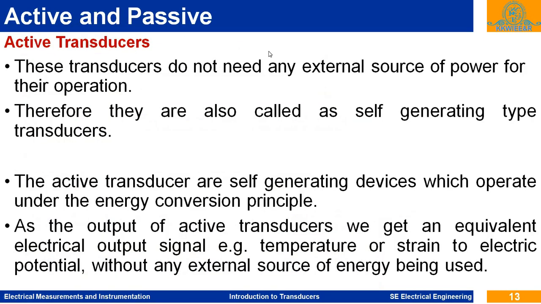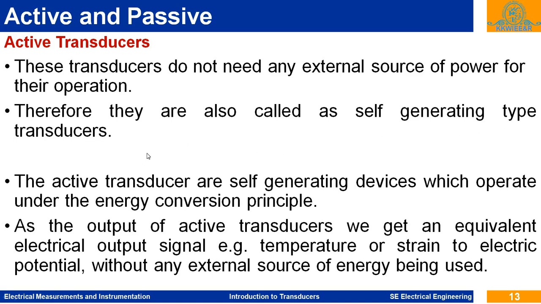Active and passive transducer. Active transducer. So what is an active transducer? These transducers do not need any external source of power for their operation. Therefore they are also called self-generating type transducers.